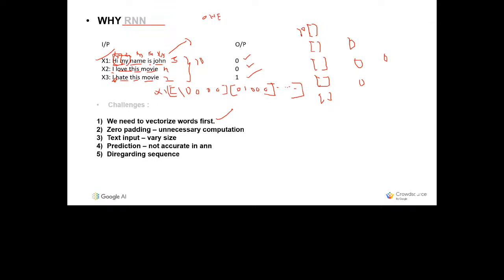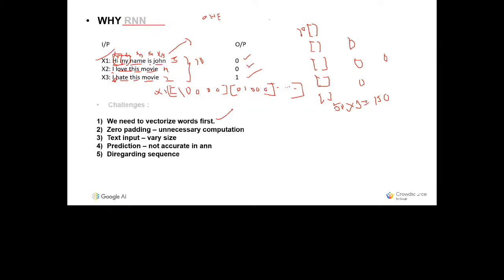So 10 times 5, the input size is 50 now. If I multiply it with the 3 neurons in the hidden layer, 150 weights would be required. See how computation increases.